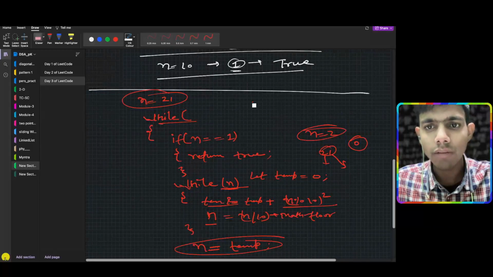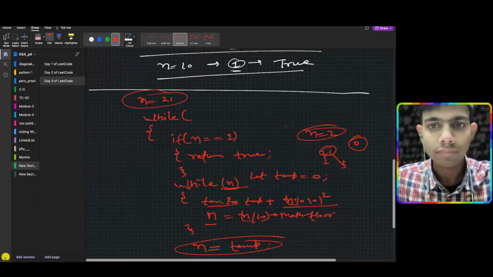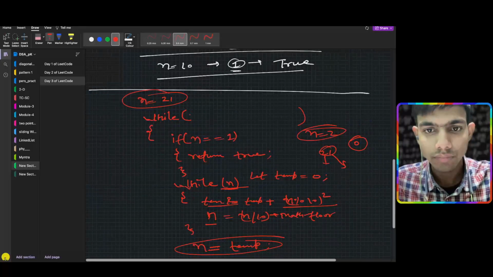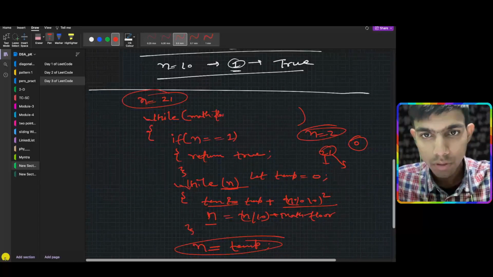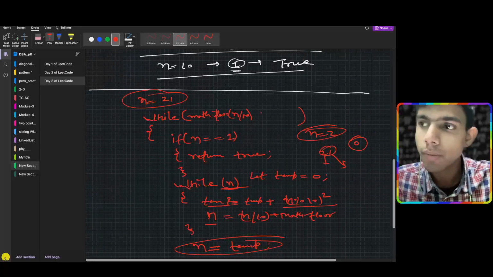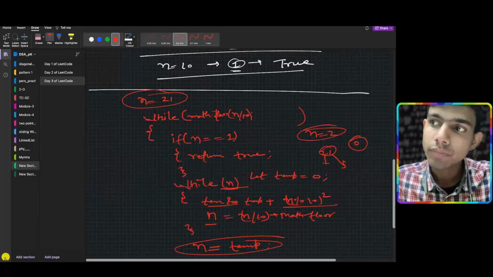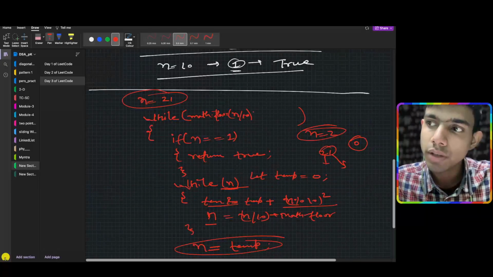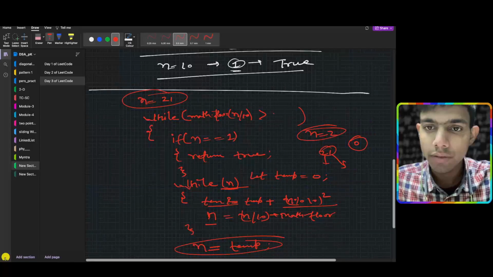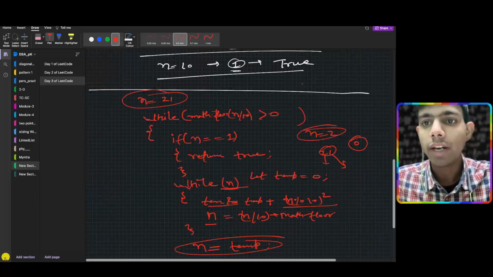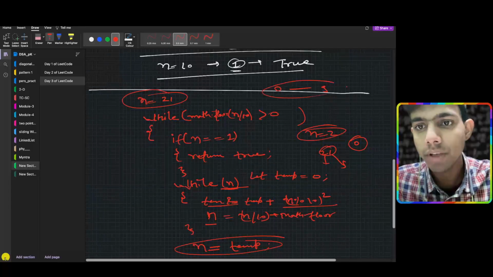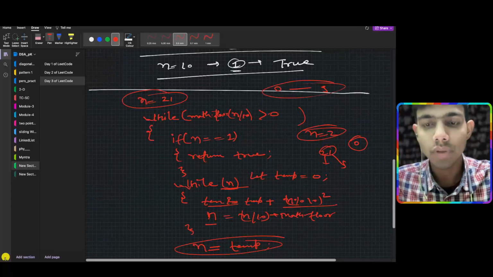We need to just check that if that number is Math.floor n divided by 10, and if the number is greater than 0, that means if we are having 0 to 9, that means a single digit number, it will give us 0.